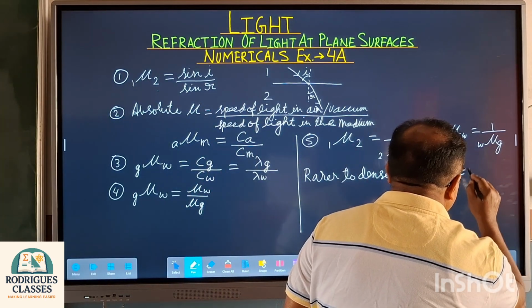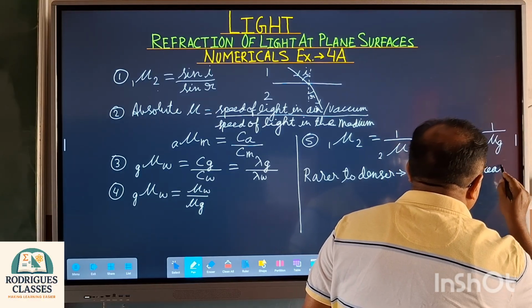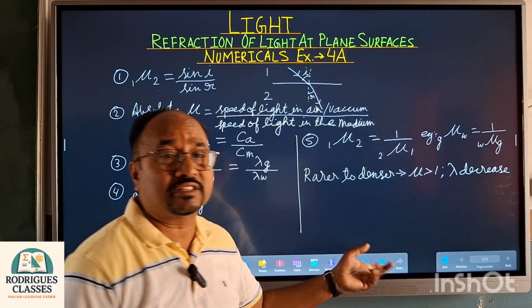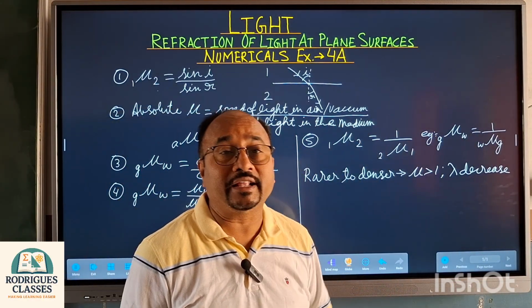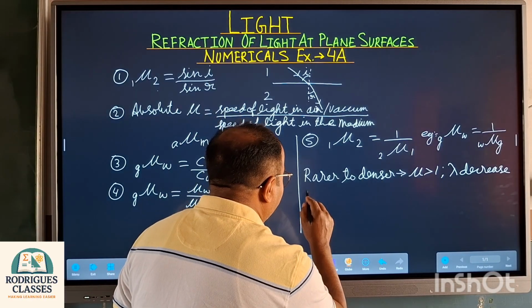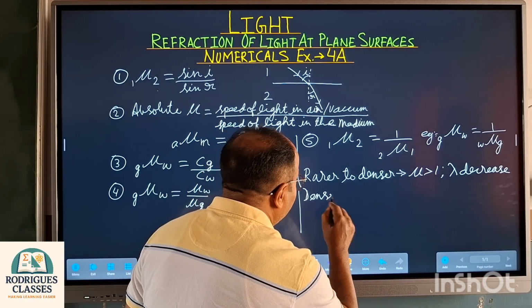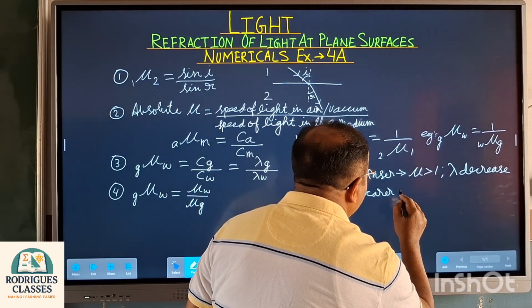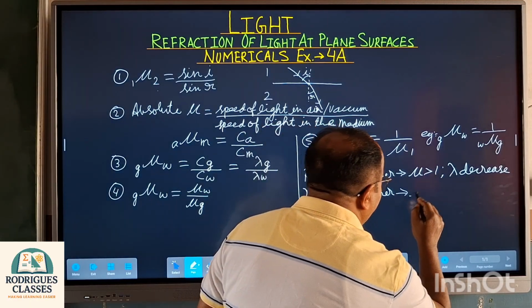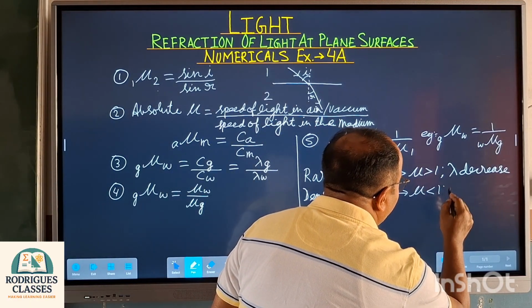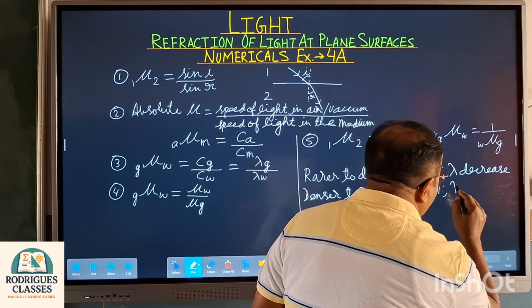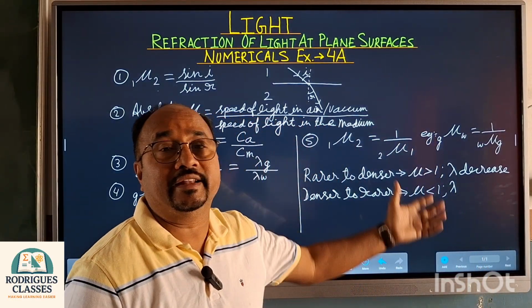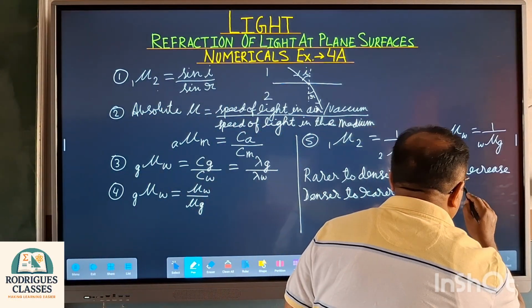So this is the case when going from rarer to denser. Now if I take the reverse one, denser to rarer, refractive index will be less than 1, and the wavelength, which decreased in the earlier case, will now increase.